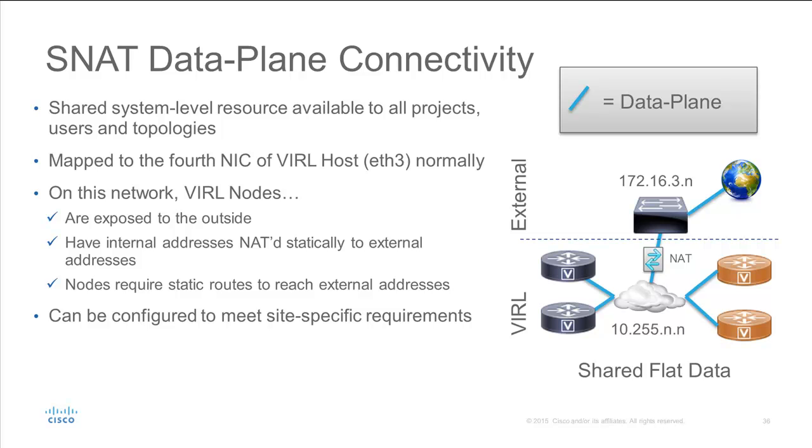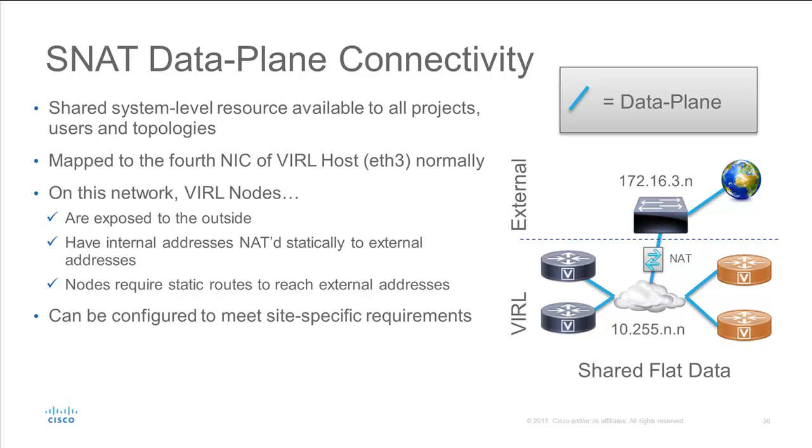Now, this concept can also be used with the SNAT interface, but the main difference with SNAT is that there's a translation functionality, which I've attempted to show in the diagram as a NAT functionality. Note here that the address space being used on the data plane connections is different than what would be exposed externally.